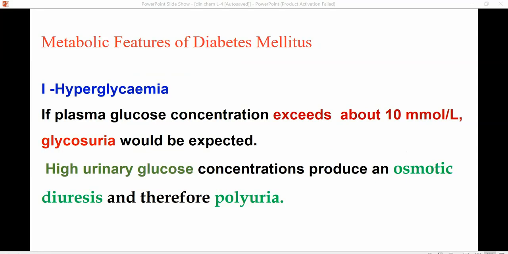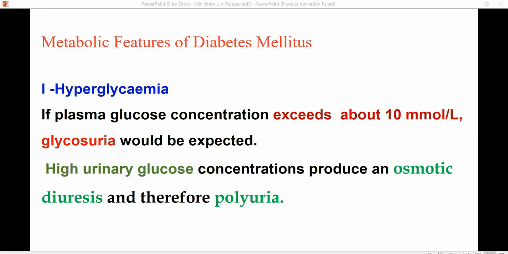Now we will consider diabetes mellitus as the commonest type of metabolic disorders of carbohydrate metabolism, which affects a large number of subjects in populations. The major metabolic abnormality associated with diabetes mellitus is hyperglycemia, where the plasma glucose level exceeds the normal range, as we said earlier.